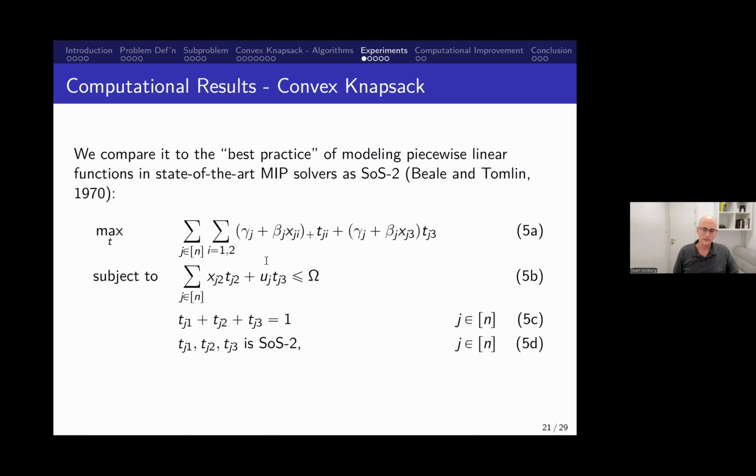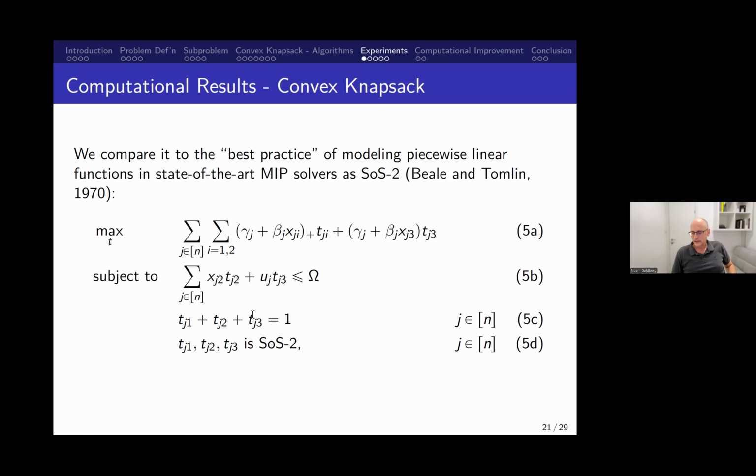So only two adjacent ones can be non-zero, and that's exactly what specially ordered set of order 2 means. So only the two adjacent ones, T_j1 and T_j2, for example, can be non-zero, or T_j2 and T_j3, or just T_j3. They need to be consecutive too.